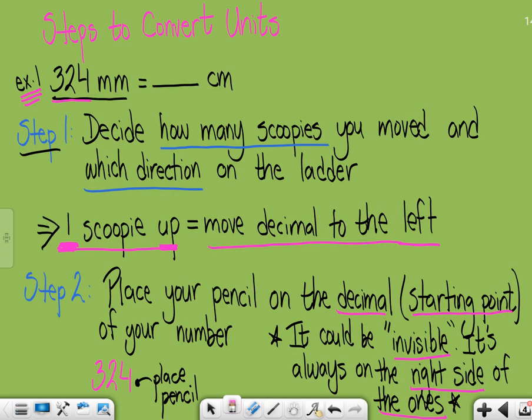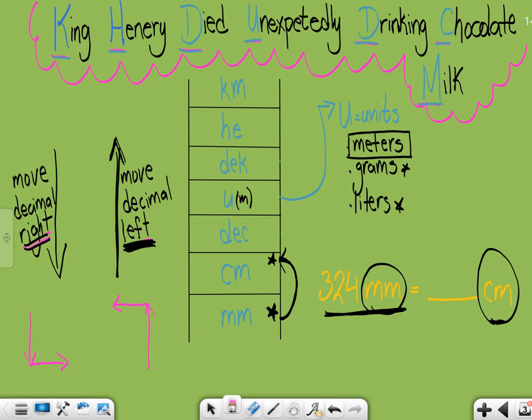Okay, so it seems like long steps, but the reason why there's a lot going on is because we're trying to figure out the direction and the scoopies, right? That's the most important part. Part of the ladder is trying to figure out, am I going up? Am I going down? If I'm going up, then I know I have to move to the left. If I'm going down, I know I need to move to the right. So that first step is so important.